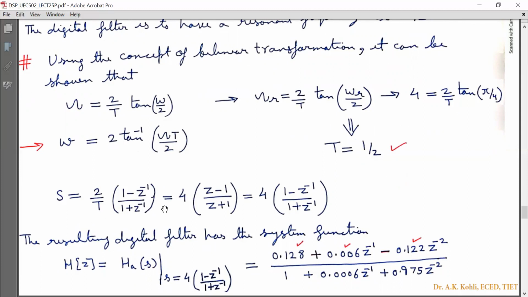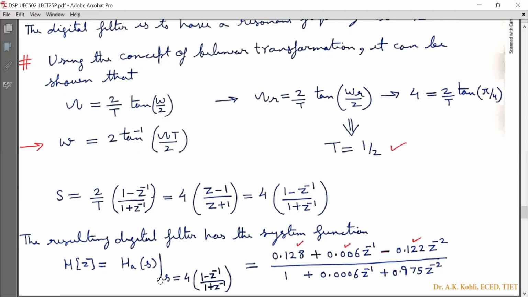That will give me s is equal to 4 (z minus 1) divided by (z plus 1), or equal to 4 (1 minus z inverse) divided by (1 plus z inverse). So the resulting digital filter has a system function H(z) equal to H(s) evaluated at s equal to 4 (1 minus z inverse) divided by (1 plus z inverse).